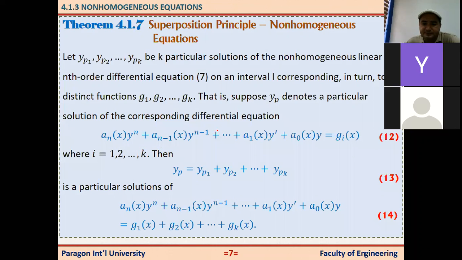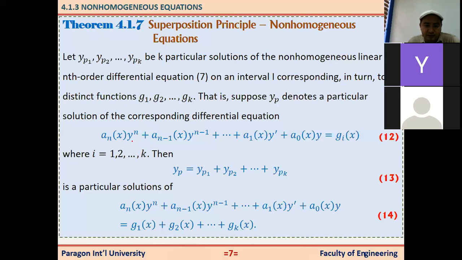All right, that's the last one, the superposition principle for non-homogeneous equations. This is also a very useful theorem and very easy to understand. Let y sub p1, p2, up to pk be k particular solutions of the non-homogeneous linear nth order differential equation. We are talking about that equation, and now here we have k particular solutions. It's not fundamental solutions, particular solutions on interval I, corresponding in turn to k distinct functions g1, g2, up to gk.